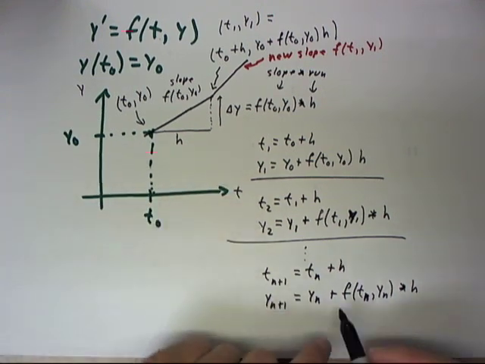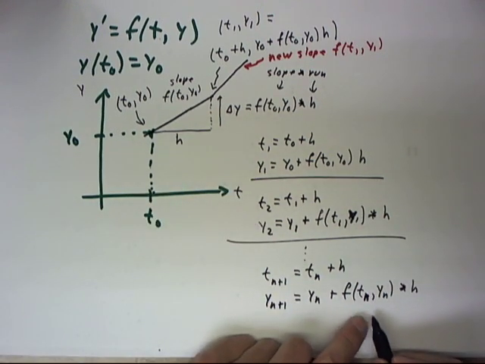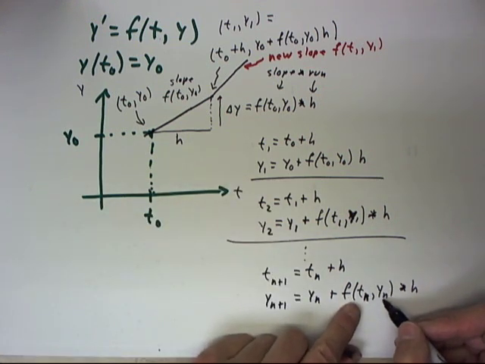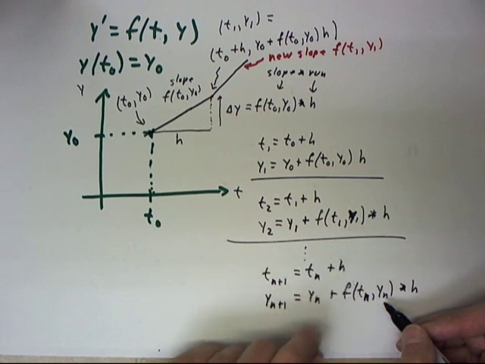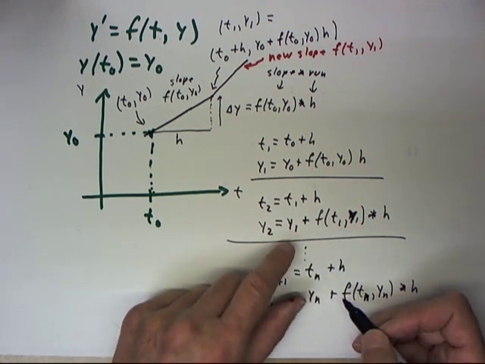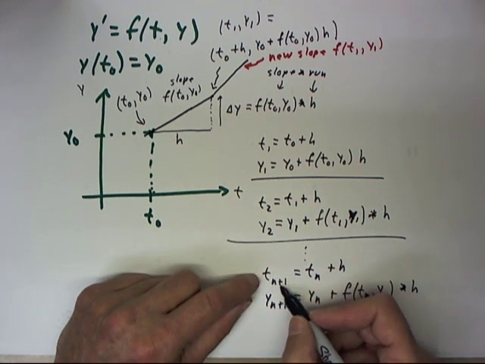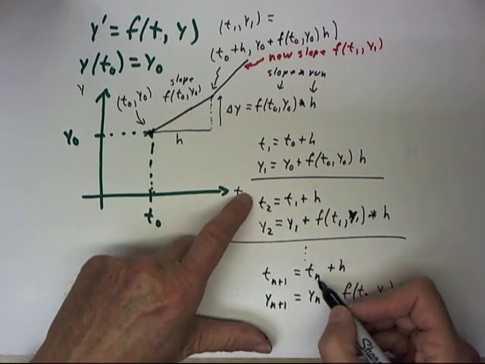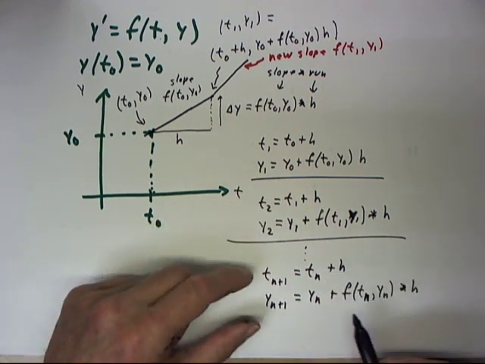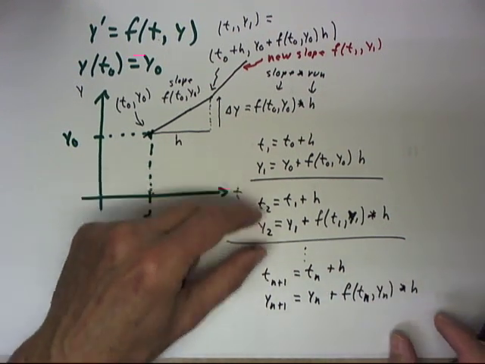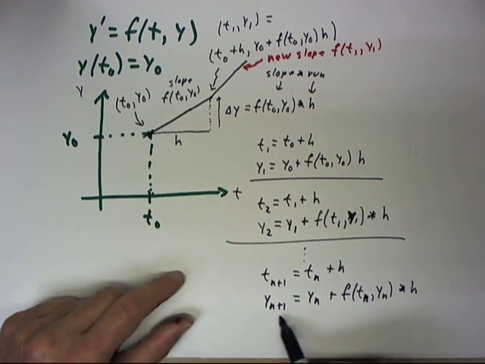If n equals 1, we see, for example, that t sub n, y sub n is t1, y1, and y sub n plus 1 is y2, t sub n plus 1 is t2, so that for n equals 1, this equation is just an instance of this.